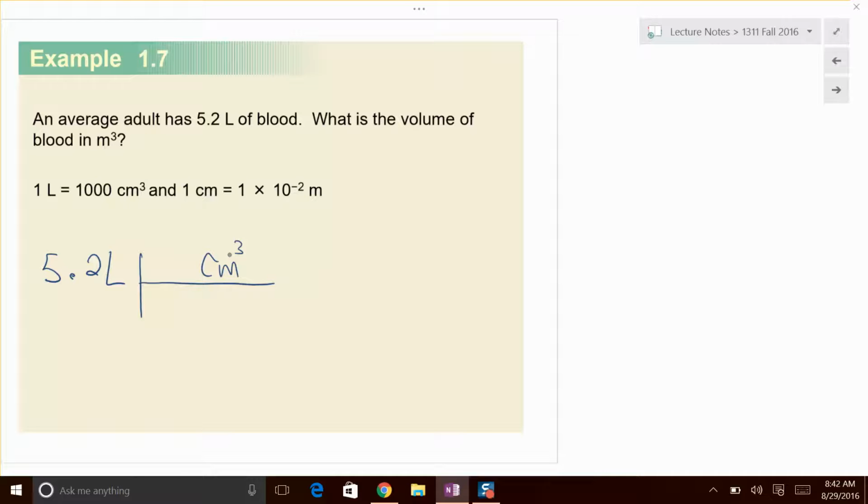I take the cube root of it, bring it back down to centimeters, and then I start over with however many centimeters I have and convert from centimeters to meters. And then to find my answer in meters cubed, it's in meters, so I cube it. I don't take the cube root again, I just cube it back. So meters cubed will give me my answer.